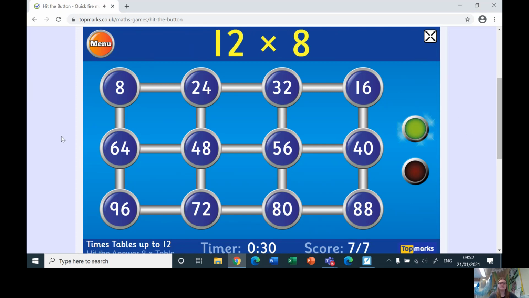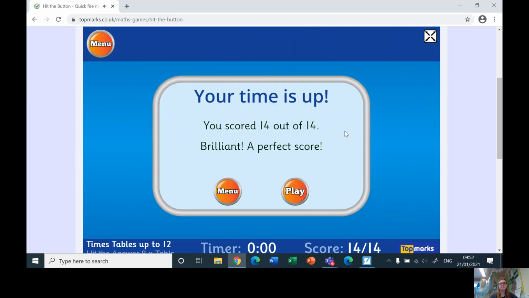Where is it? 12 times 8. 11 times 8. 10 times 8. 1 times 8. 12 times 8. 1 times 8. 11 times 8. 5 times 8. Oh, 14. So we've got one more then.